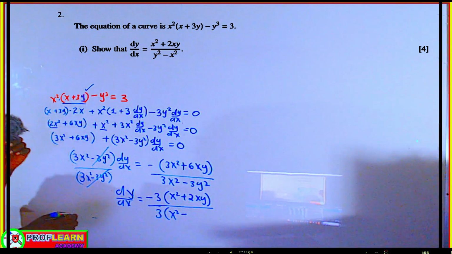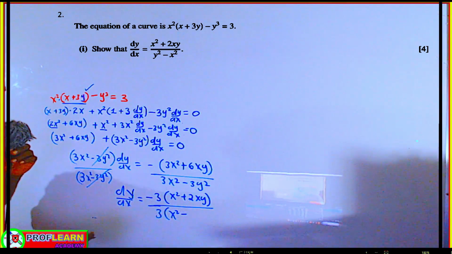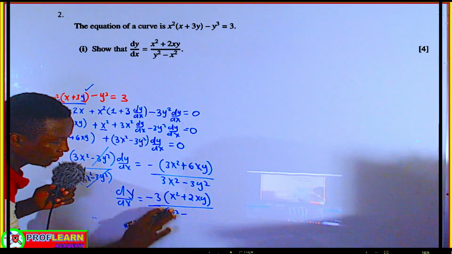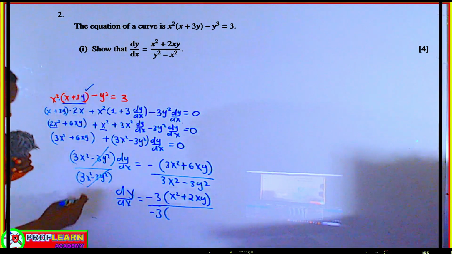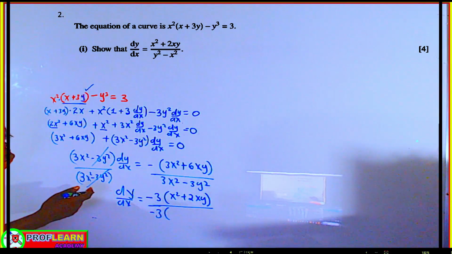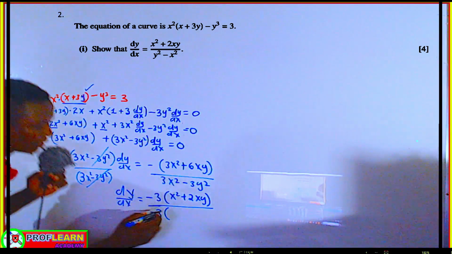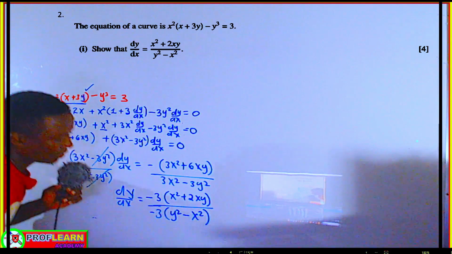If I decide to factor out negative 3, because the expression does not have a negative, this negative is going to change a few things here, and because this term has a negative, we shall have y squared minus x squared at that point.